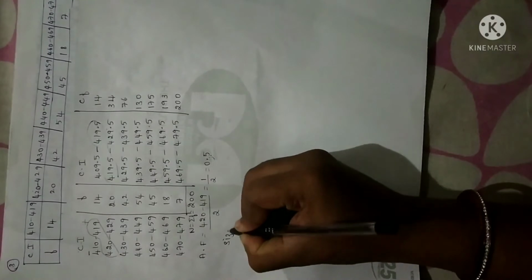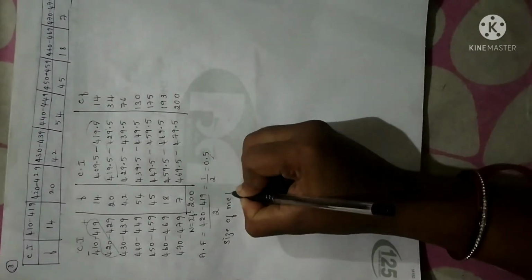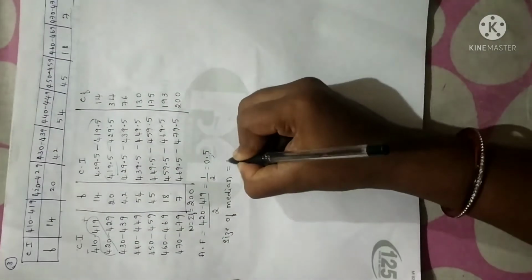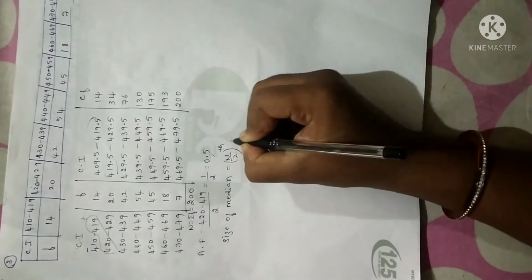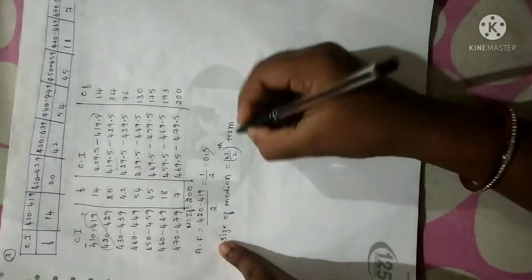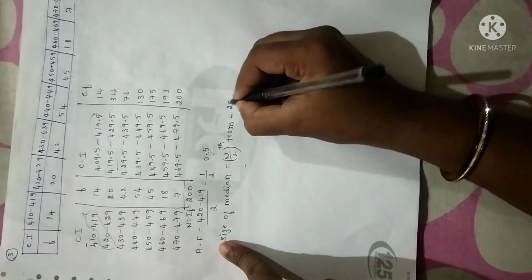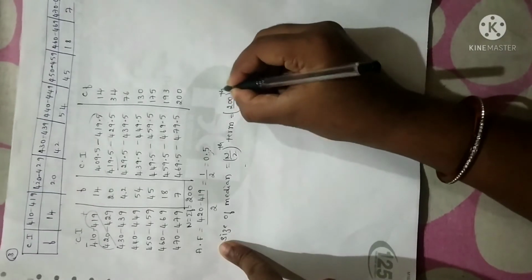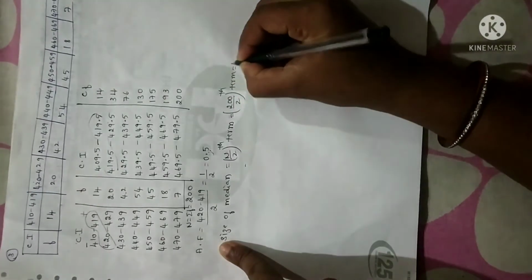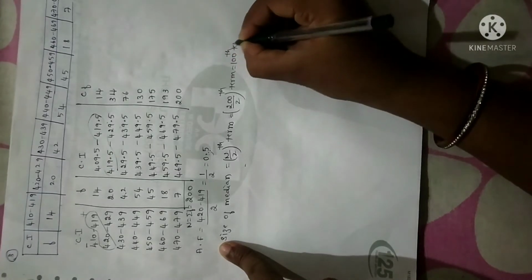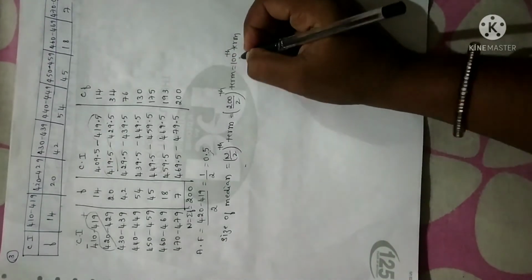Now let me calculate the size of the median. As we did in the previous problem, the method will be the same. For continuous data, it is the N by 2 th term. What is the N by 2 th term here? N is 200, so 200 divided by 2 is the 100th term. Clear? Now we have to check 100 in the CF column.